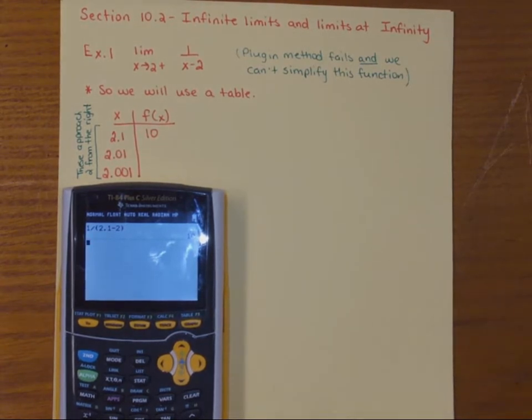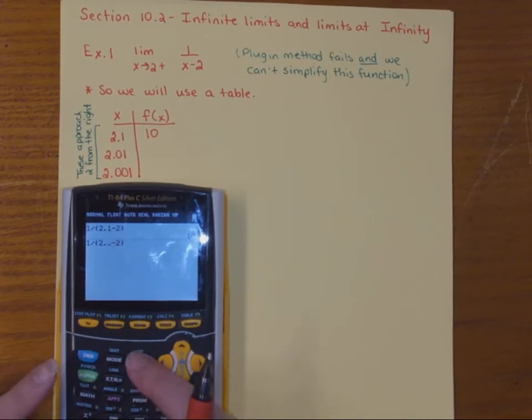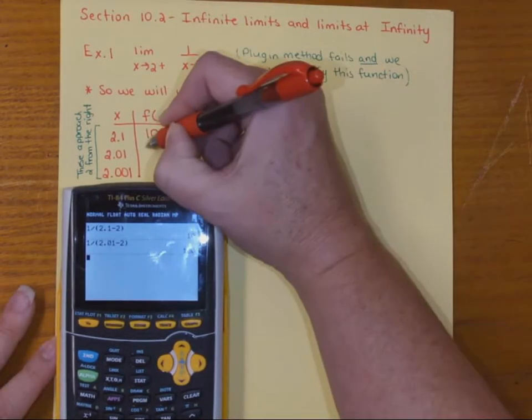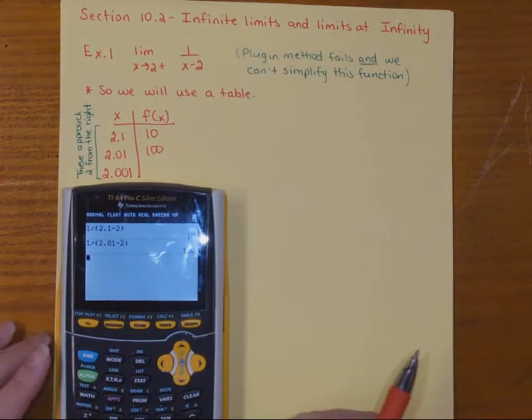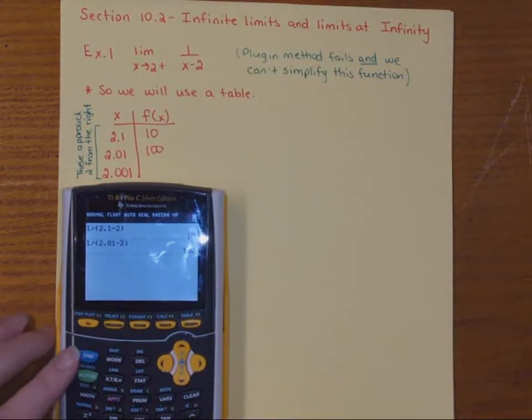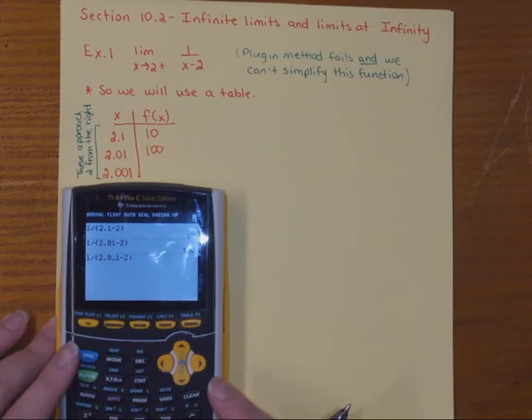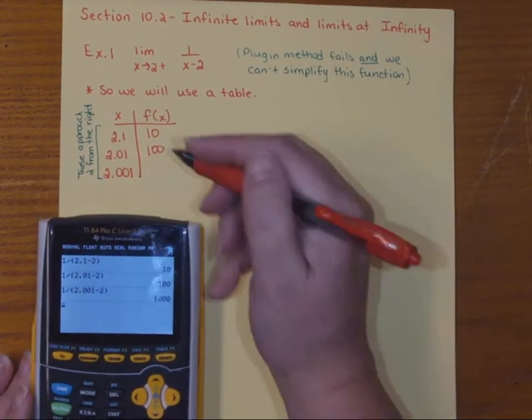A trick on the calculators is if you push second enter, it will repeat what you just entered. And then you can go back and just edit and make it 2.01 for x instead of 2.1. So this would be 100. And then last but not least, when we plug in 2.001, we get 1,000.